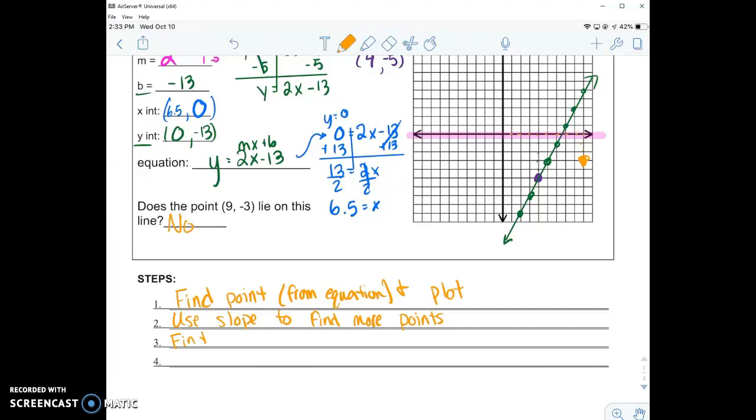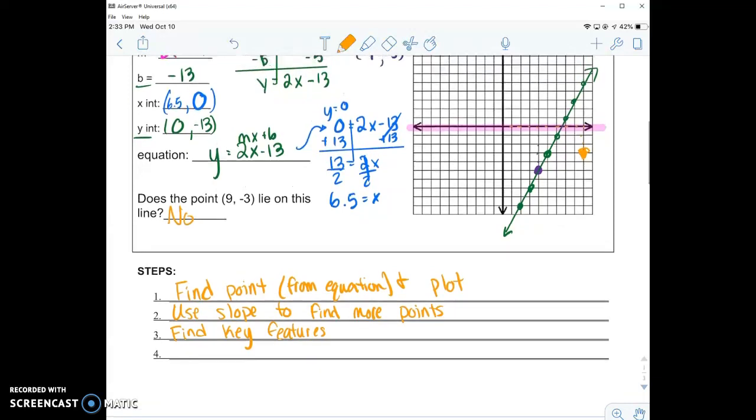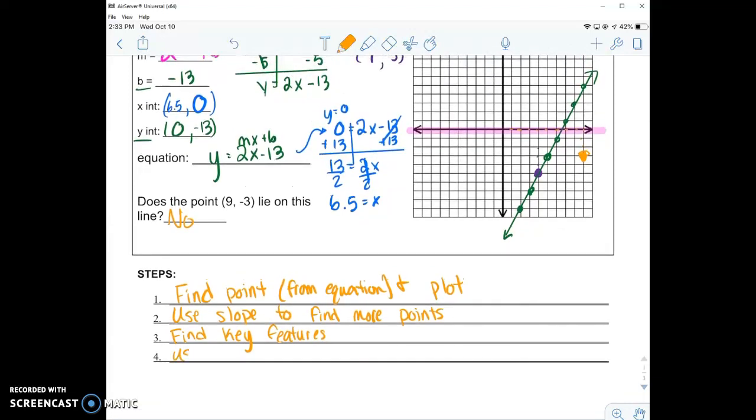Find any key features we're asked for, like the y-intercept, x-intercept. And then use the slope and y-intercept to write the equation in slope-intercept form.